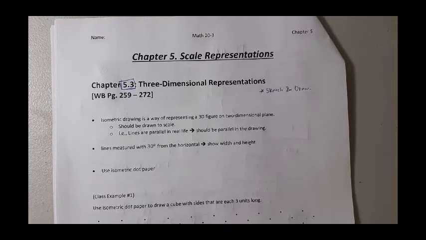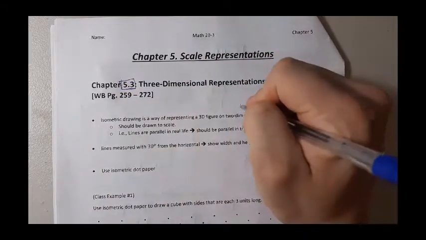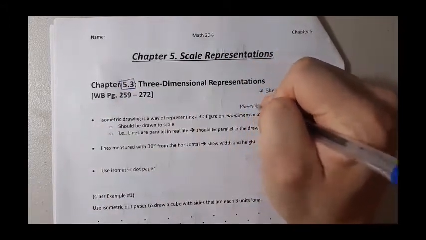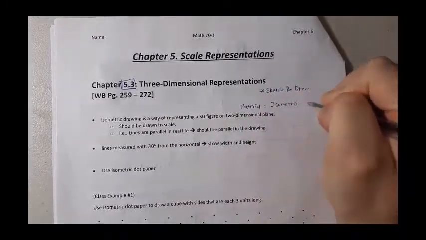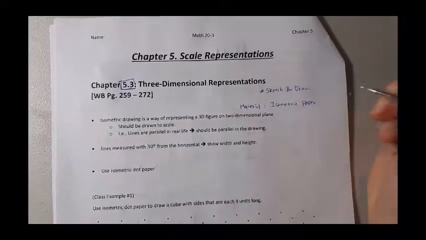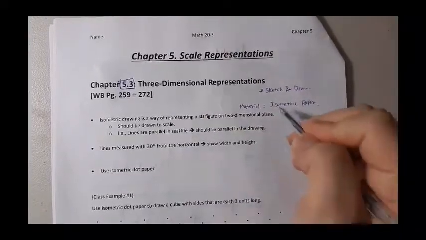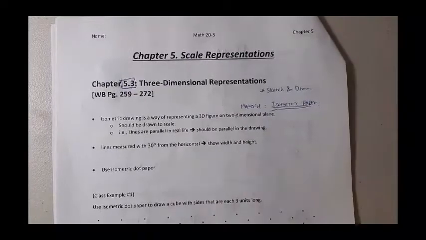In fact, we can draw a three-dimensional diagram easily without this material, but the material is what I want to point out. Isometric paper. To be fair, if you use a workbook, most of the workbook questions have this isometric dot paper. The way it looks and how we use it, I'm going to explain a little later.